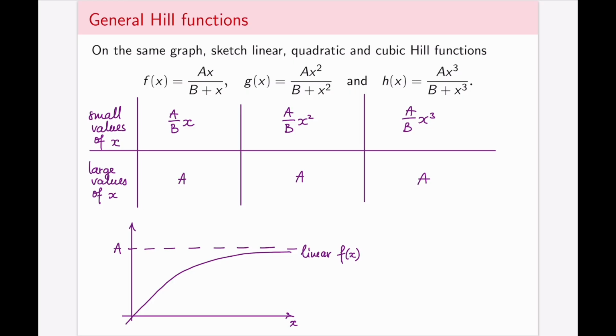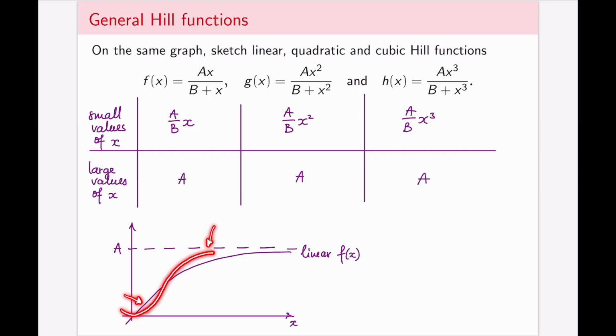Now, next up, I have a quadratic. So that means that near the origin, this function has to look like a parabola. But then for large values of x, it has to approach a. So this is where the other part of the power analysis is important to remember. For large values of x, these both approach the same number. But for small values of x, they are linear versus quadratic, which means that in the beginning, the smaller power will dominate, so the linear function will be on top, but later on, the larger power has to switch over and start dominating.